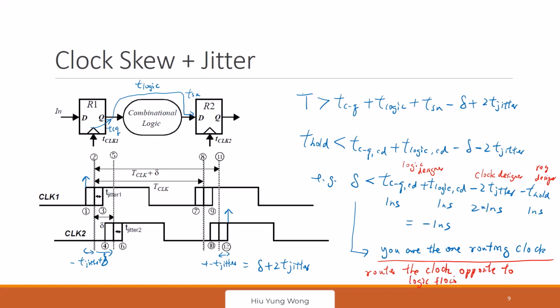Remember, your logic may be going in this way, and your clock will go from here. So in this case, you can solve this problem. For simple logic, you can do that. Last time I showed you, mostly you cannot do that because there will be a loop, there will be feedback. Okay, any questions?